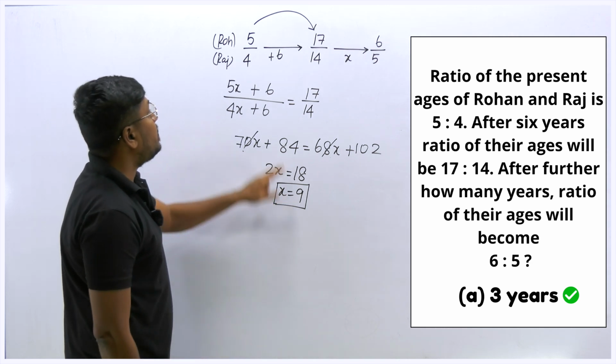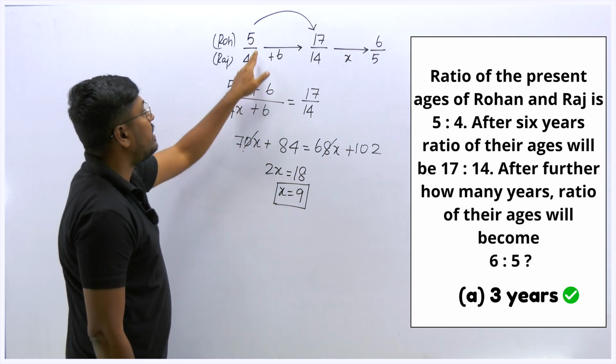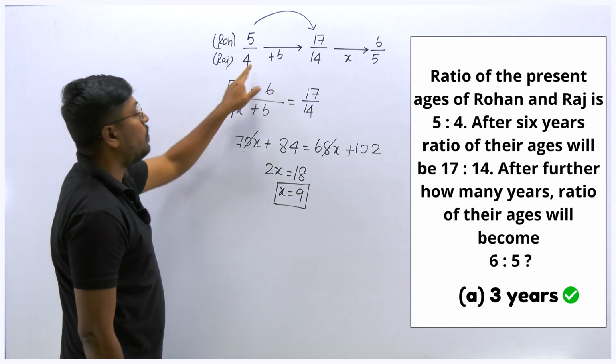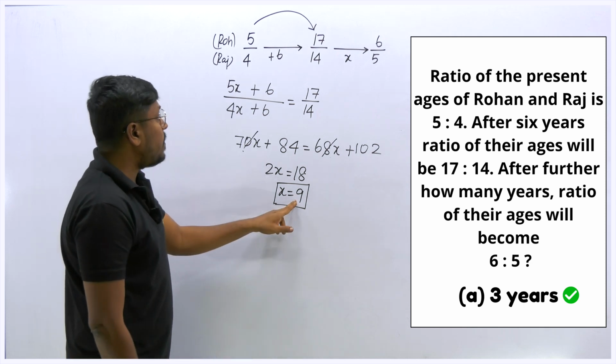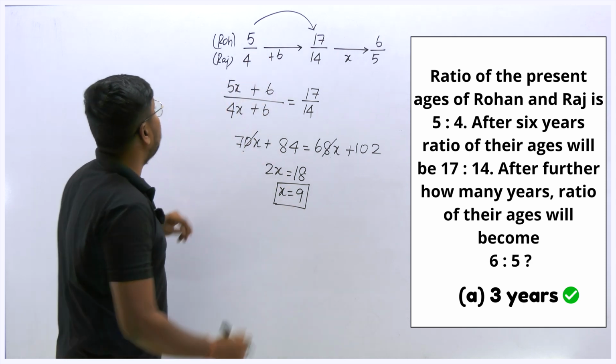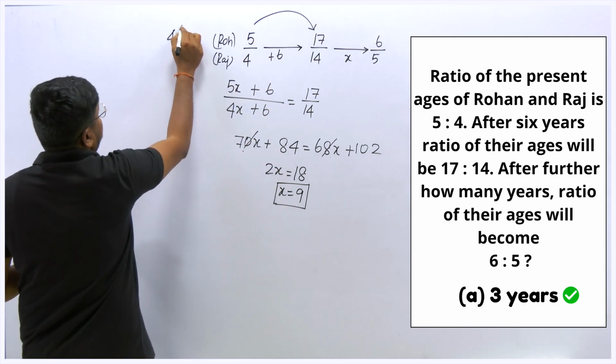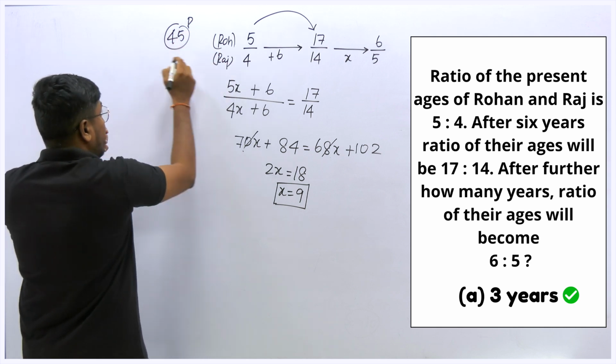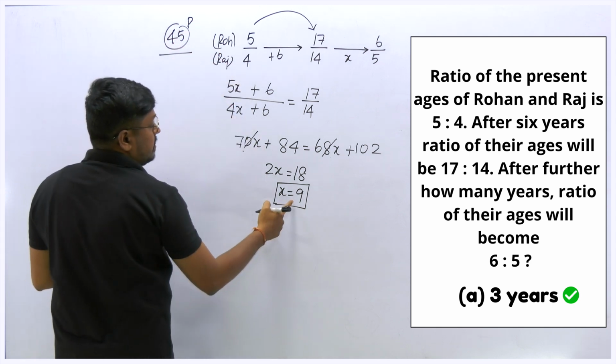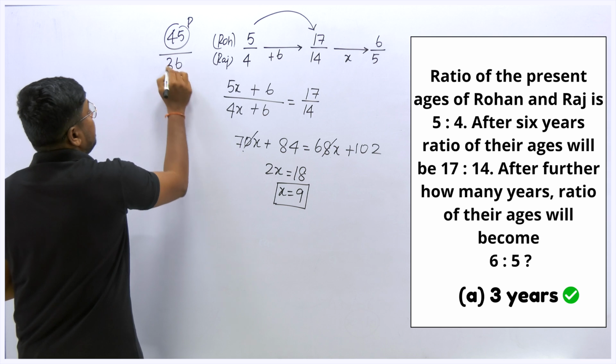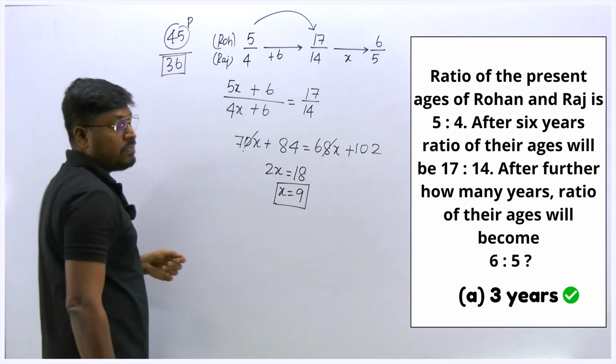Now substitute 9 here, because we initially considered 5x as Rohan and 4x as Rajesh, right? So 9 5s are 45. So 45 is the present age of Rohan. 9 4s are 36. So 36 is the present age of Rajesh.